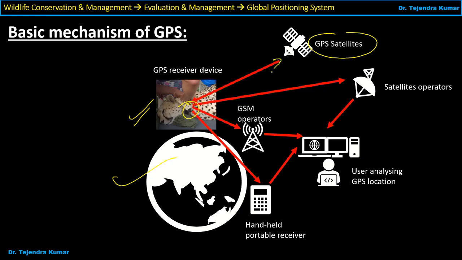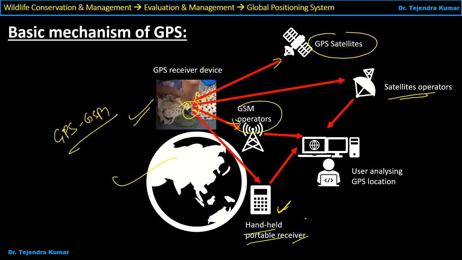Signals from the GPS satellite are received by this, and it sends them to the GSM operator. So a GPS-GSM system is there. GSM operators, or satellite operators, take these signals, or a GPS receiver like handheld portable receivers such as a mobile phone.